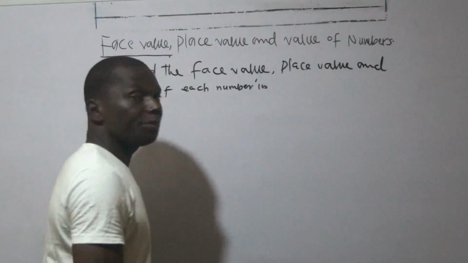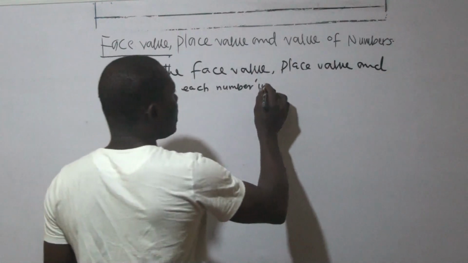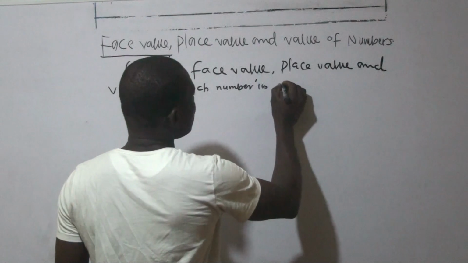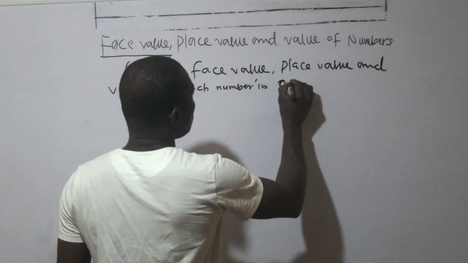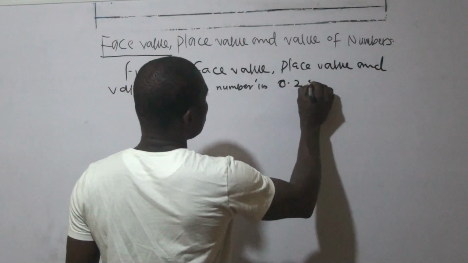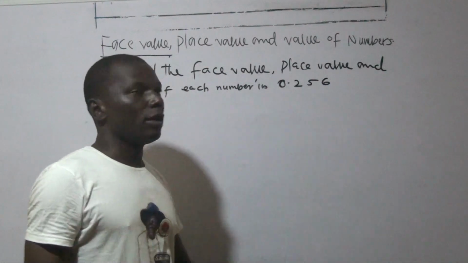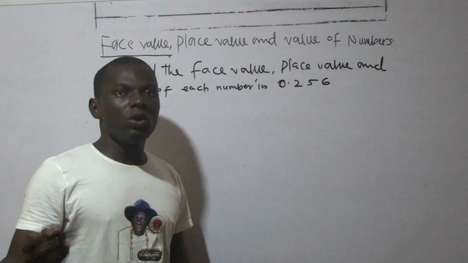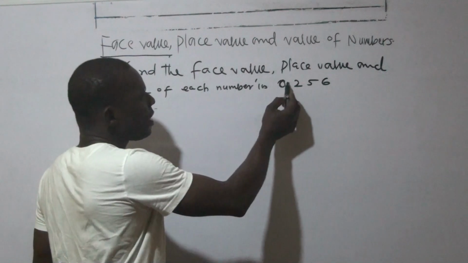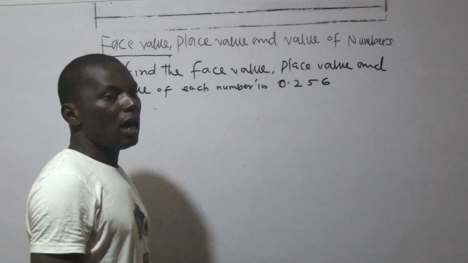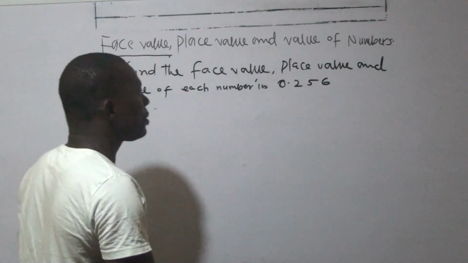Assuming we are having a decimal number, find the place value of each number in, let's say, 0.256. This is a decimal number. Recall, after the decimal point, the first number that occurs is called tenth.